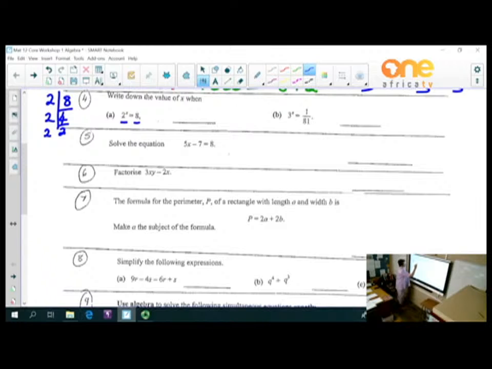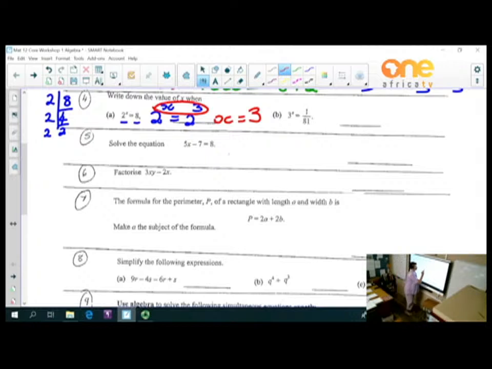So it means that 2 to the power of x is equal to 2 to the power of 3. 1, 2, 3. That's how I get it. And now, because your bases are the same, you can only solve the indices. So this means x is going to be equal to 3.